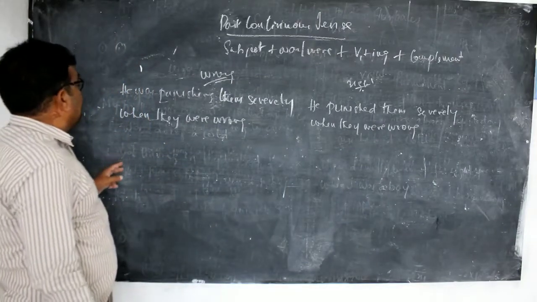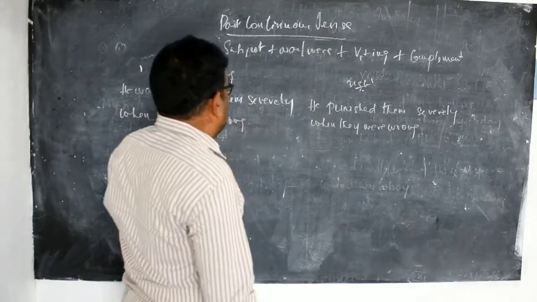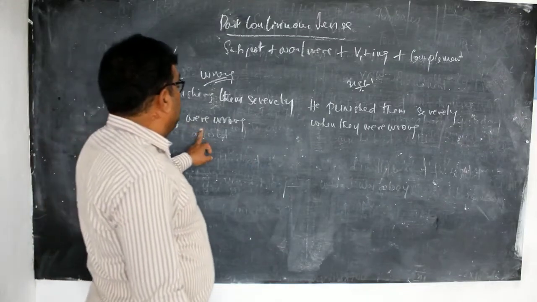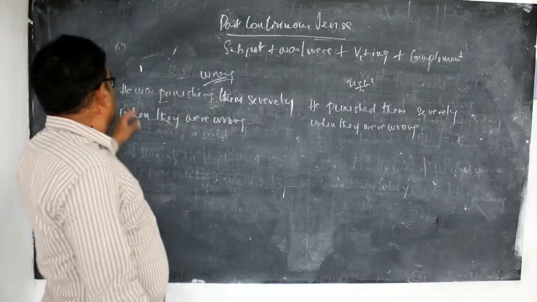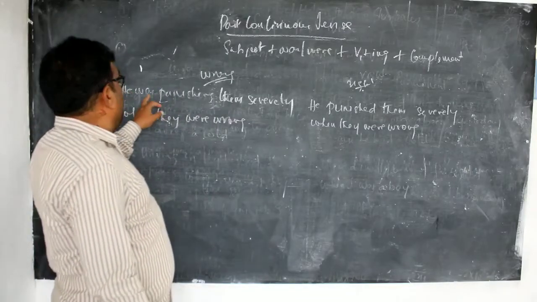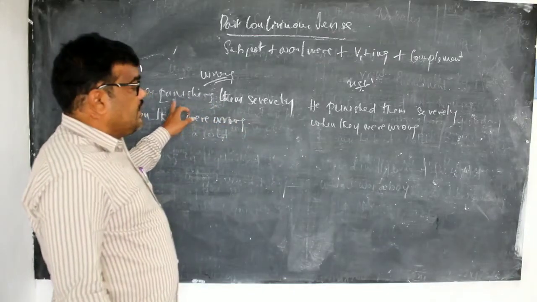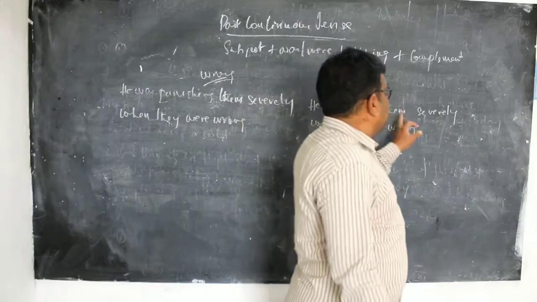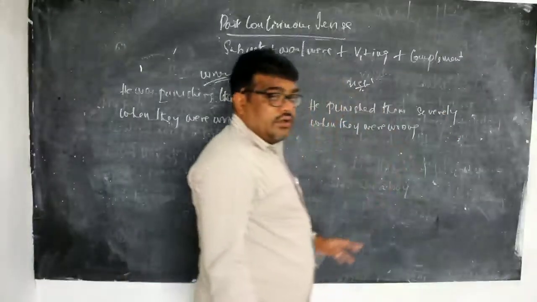You see this example. He was punishing them severely when they were wrong. Here, if you see the action, he was punishing them, it's a temporary action. So better to use simple past tense: he punished them severely when they were wrong.